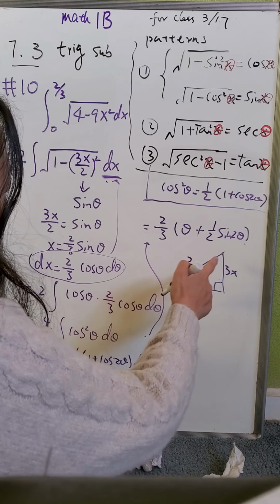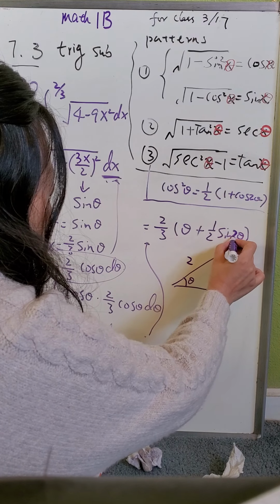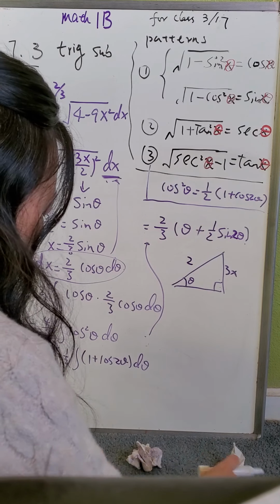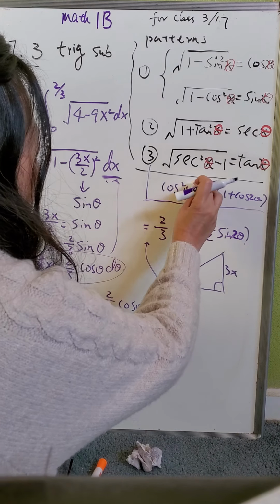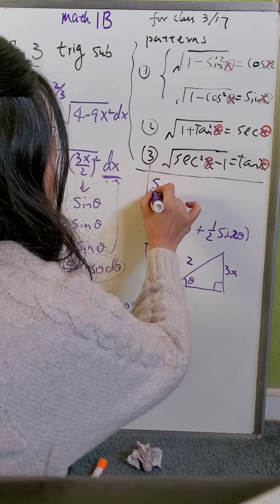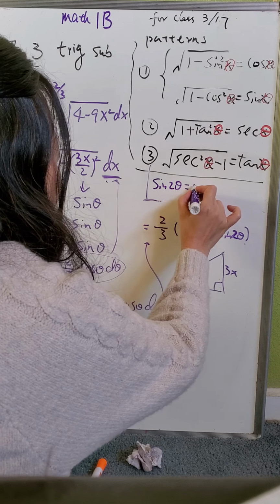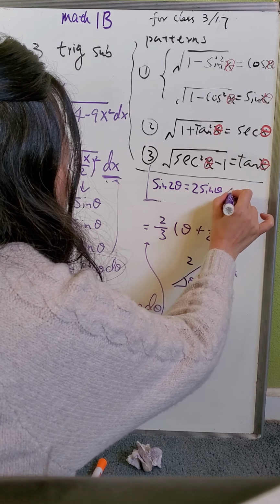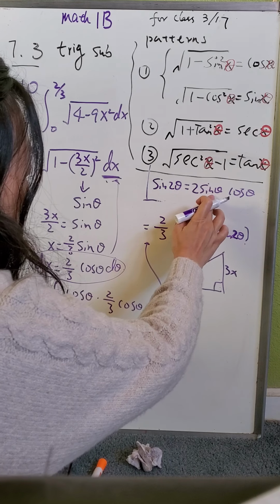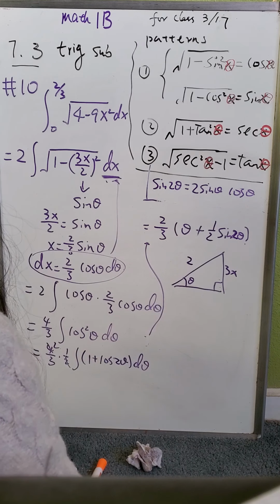And then we are looking for sine 2 theta, okay? So now there's another identity here. Okay, I'm going to erase this one first. I need some more room. Sine 2 theta equals 2 sine theta cosine theta. That's another trig identity. So that means I need to find this one and I need to find this one.